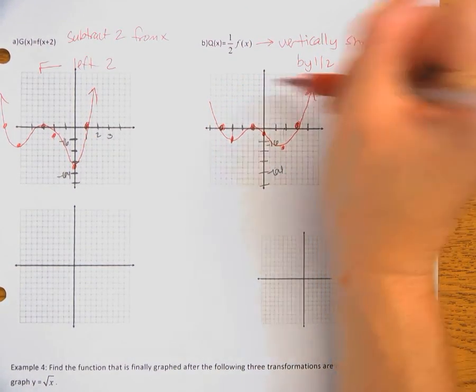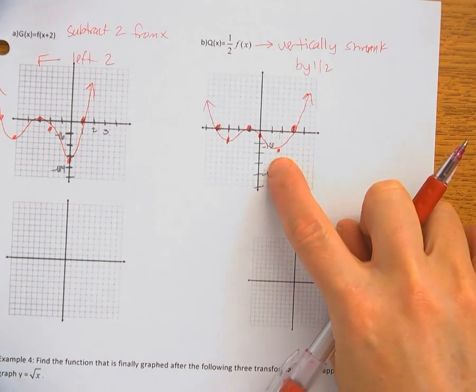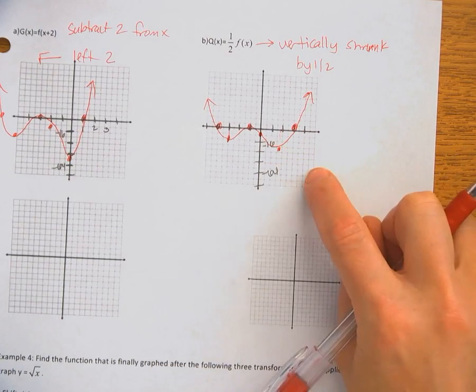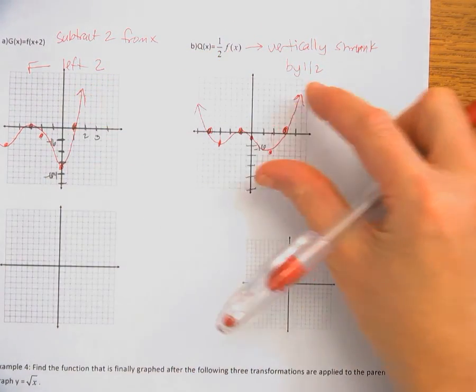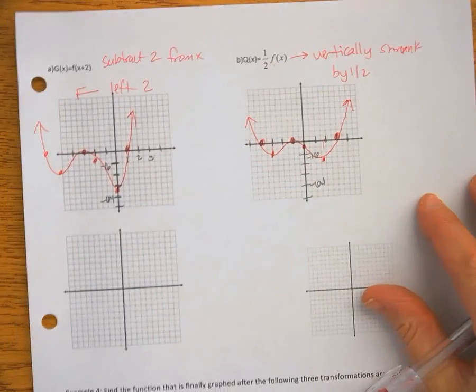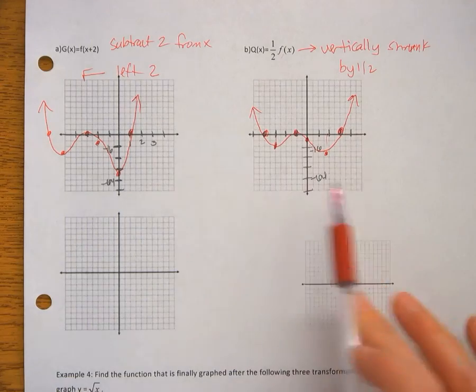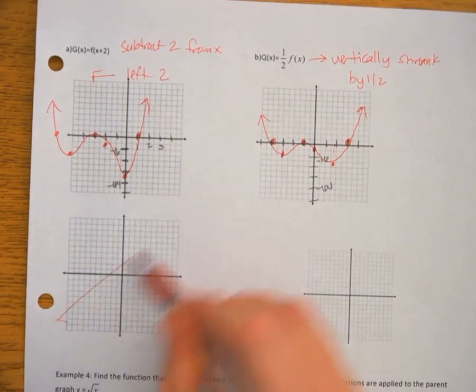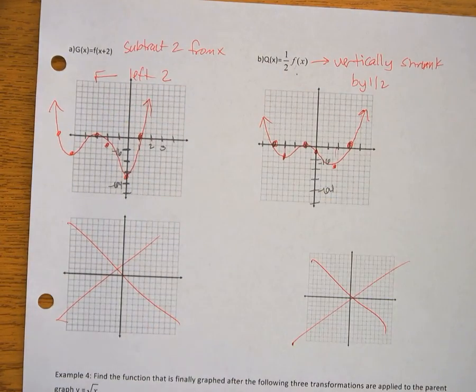So a similar shape, just shrunk. The y values are only half what they used to be. So it's like someone just took this graph and literally compressed it together. So it is a vertical compression by a factor of 1/2. So your graph should look something like that. So it turns out we didn't really need these because we were only doing one shift per graph.